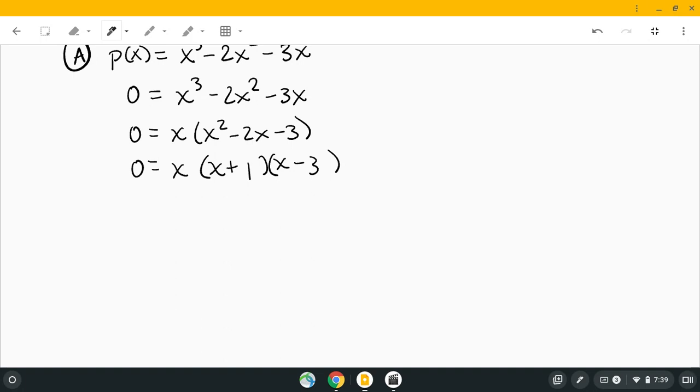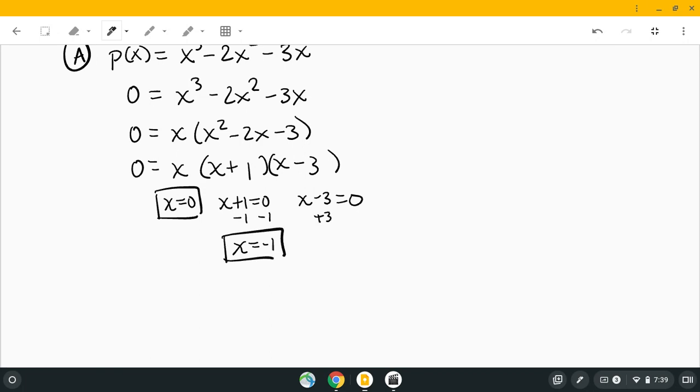Okay, so then now I can solve this. So from here, x equals 0. This one, x plus 1 equals 0. And this one here, x minus 3 equals 0. This one's already solved. This one, I can subtract 1. So x equals negative 1. And over here, I can add 3. So x equals 3.